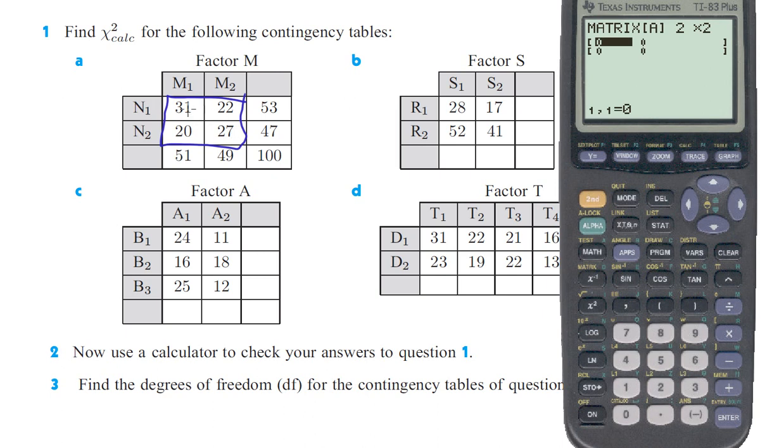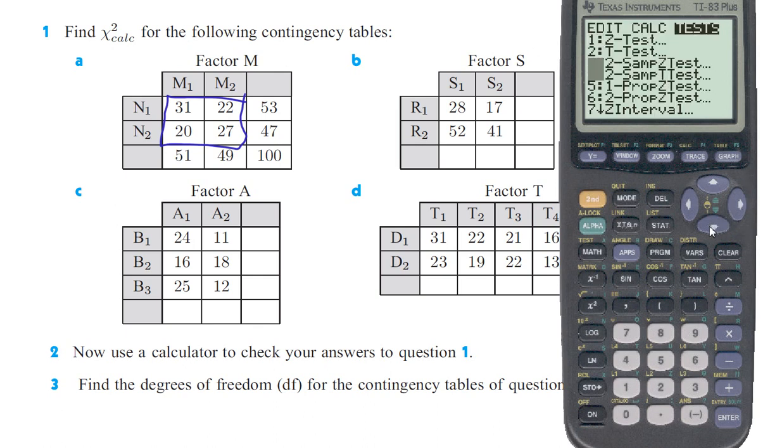All right, so now we can enter in this data here. We've got 31, 22, 20, and 27. Once we have all of our data entered, this is a statistics unit, so we're going to push stats, and this is the chi-squared test. We go over to test, and go down until we find chi-squared, which is right here.